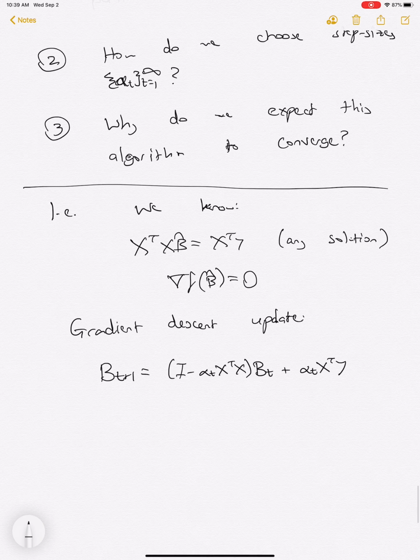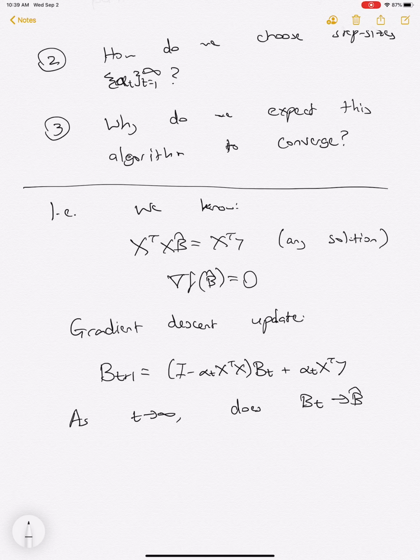So this is the gradient descent update that we have. And what we want to say is, as t goes to infinity, does bt converge to b hat?